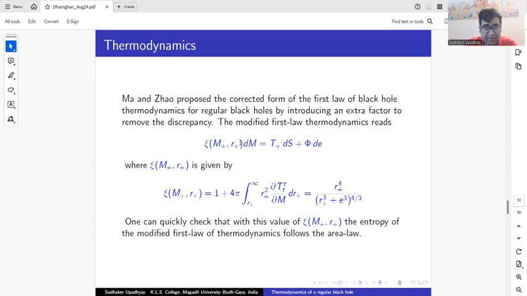You can see this extra factor has a certain relation, and for our case, if we calculate, we'll find this expression. With this expression, if you put it in the first law of thermodynamics relation, you will see that entropy will follow the area law.